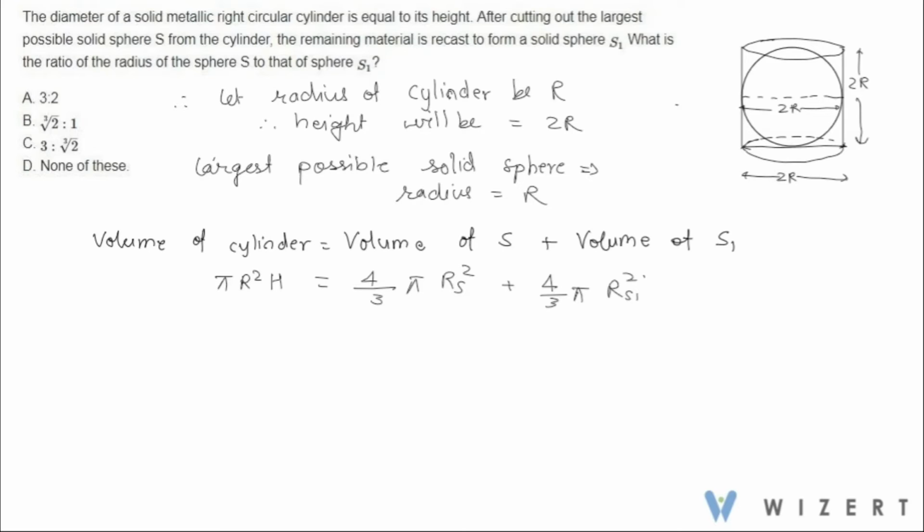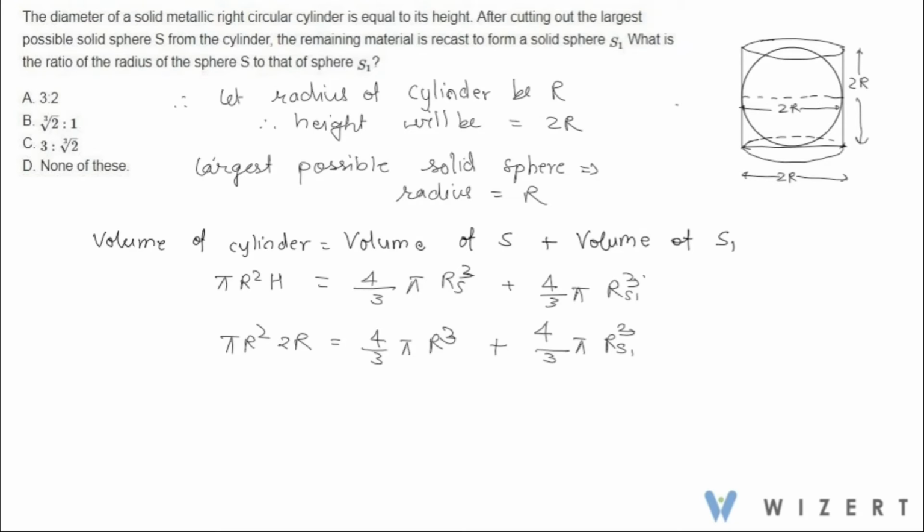Now let's put the values in here. R is r, h is 2r, so pi r square 2r equal to 4 by 3 pi r cube for sphere S, and we have to find the radius of the sphere that is recast, so we'll keep this as 4 by 3 pi rS1 cube.